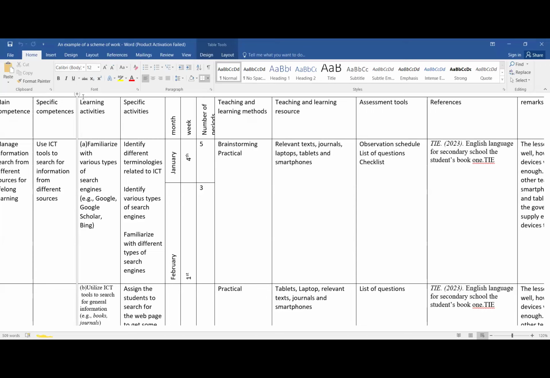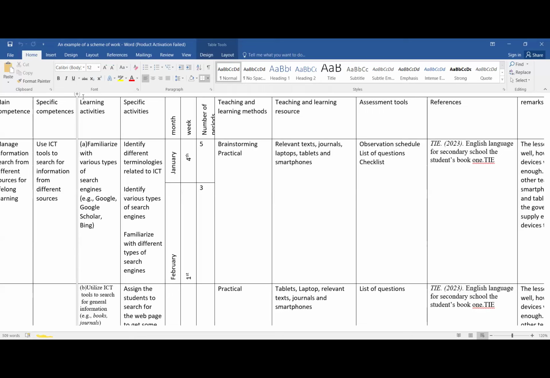But for the assessment tools, you have to have an observation schedule. This observation schedule is a paper on which you write the way you're going to observe the students while they are doing a certain task. And then you need to have the list of questions that you're going to ask the students.